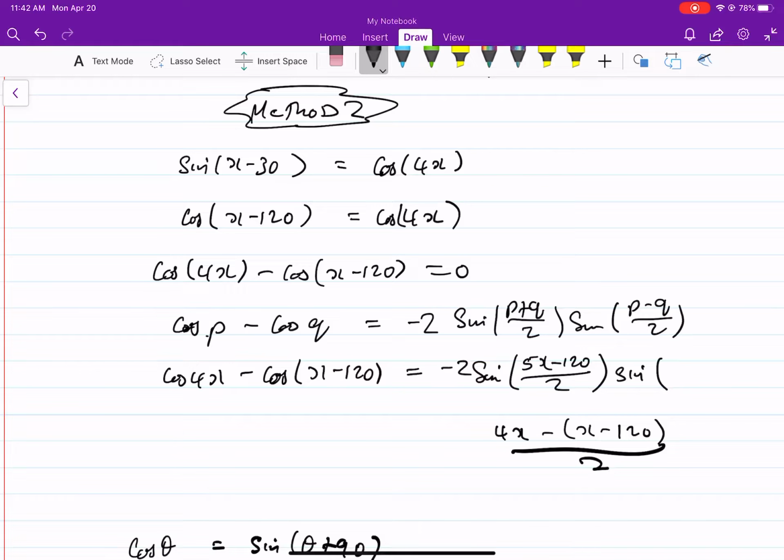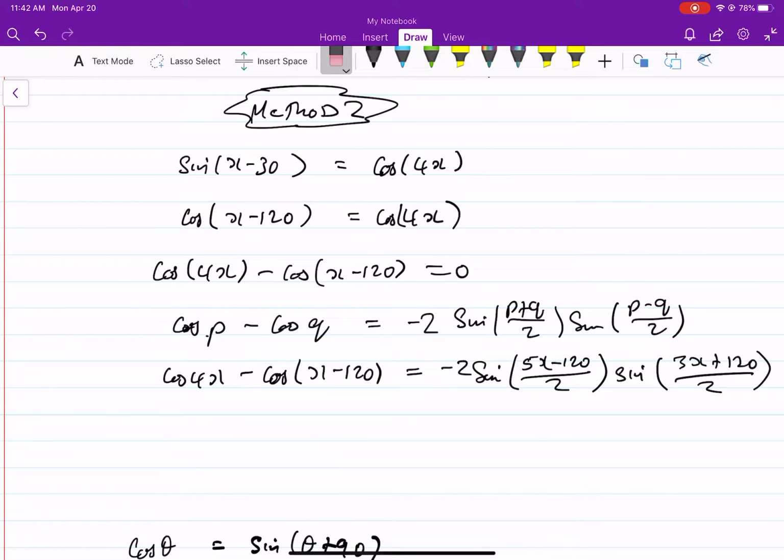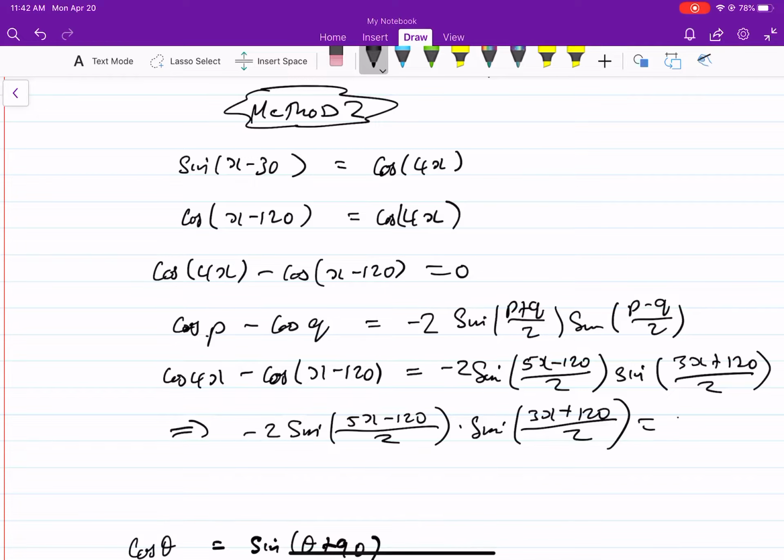That gives 4x minus x, that's 3x plus 120, upon 2, like so. Because cos 4x minus cos of x minus 120 is equal to 0, it obviously means that minus 2 sine of 5x minus 120 over 2 times the sine of 3x plus 120 over 2 must be equal to 0.